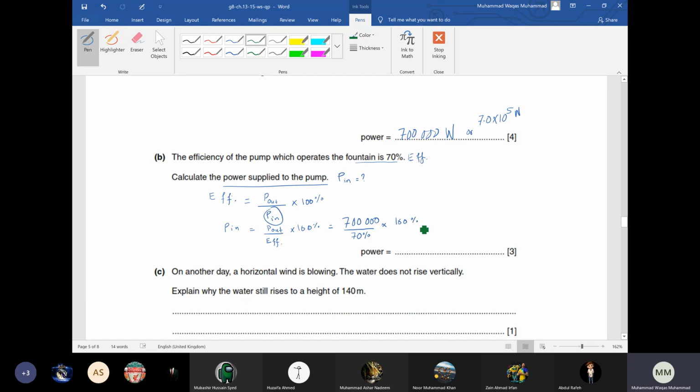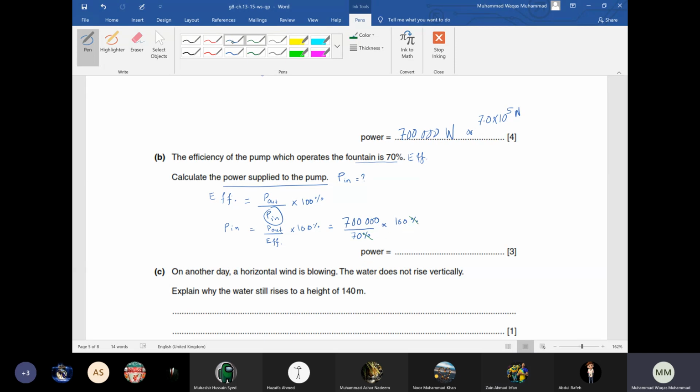So beta, consider that this percent sign cancels this percent, because percent means divided by 100. Dividing numerator and denominator by 100 makes no change, so those hundreds cancel out with each other, right or wrong? Then you are left with 700,000 times 100 divided by 70.